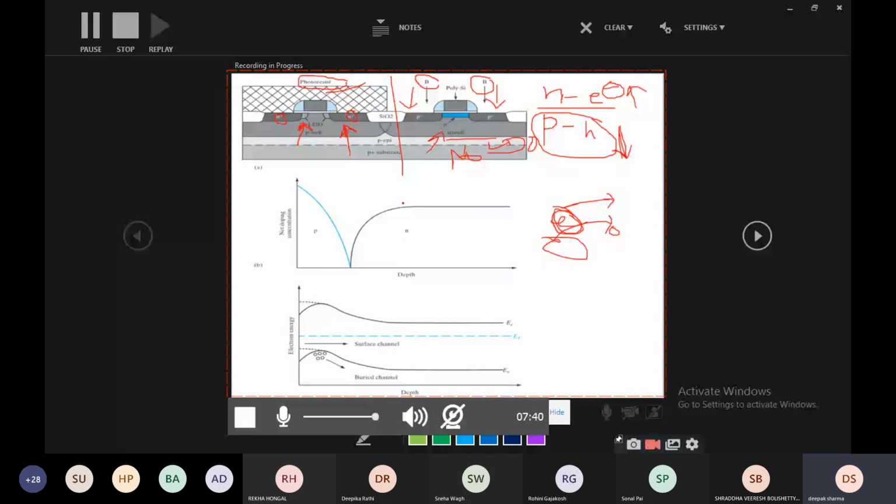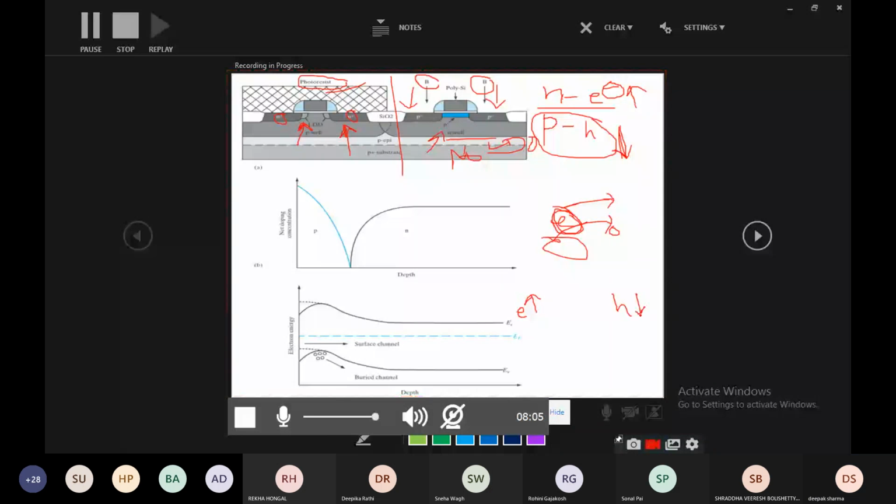And one more thing is there, the p channel MOSFET should have somewhat larger area compared to the n type MOSFET. Why? Because of the same concept. The mobility of the electron is high and the mobility of the hole is less, correct?